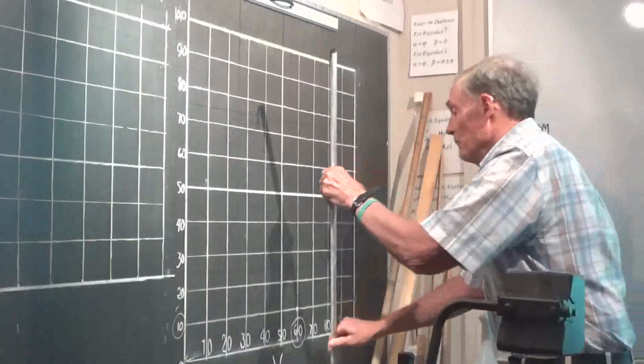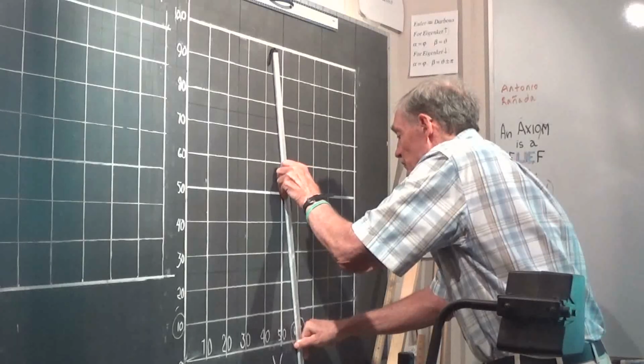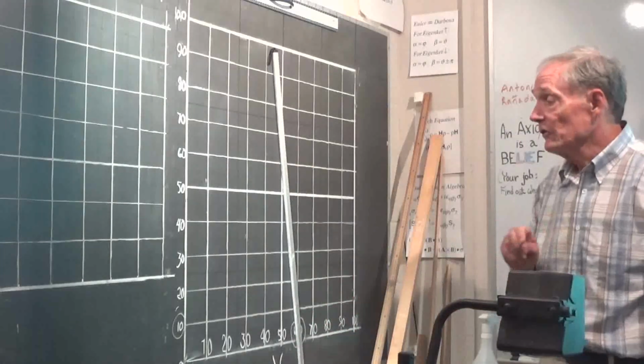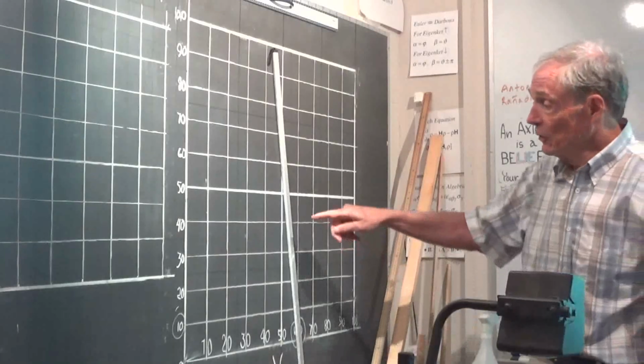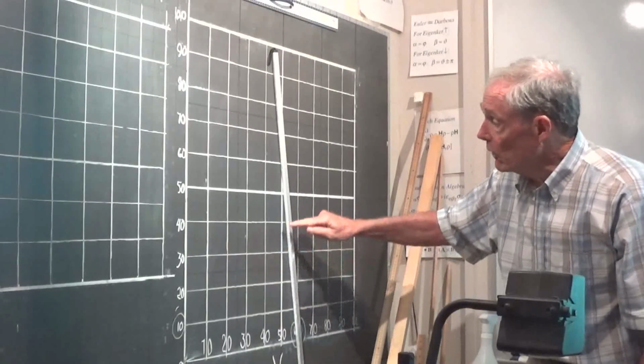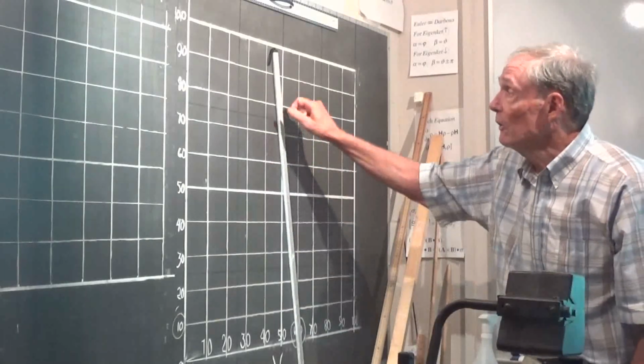So from this point right here, I'm going to ask you to just take your ruler and draw a line that has the slope, and it's going to be 1 unit this way and 4 units this way, then another unit this way and 4 the other way.